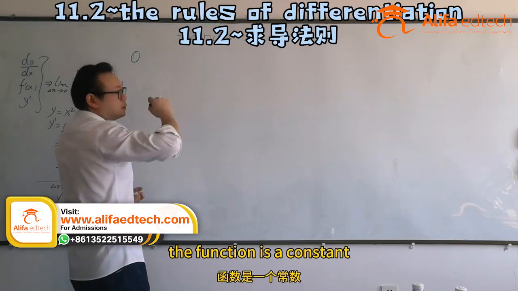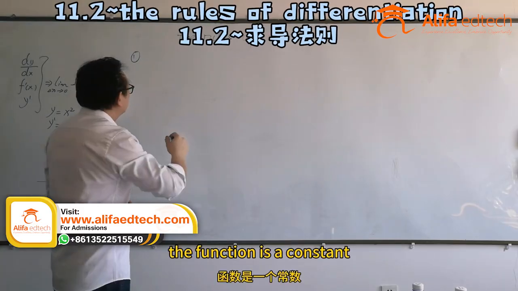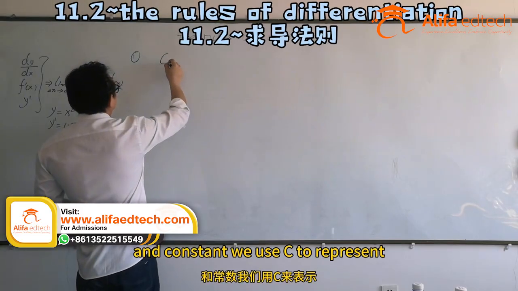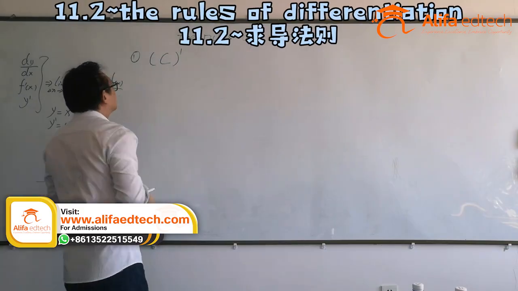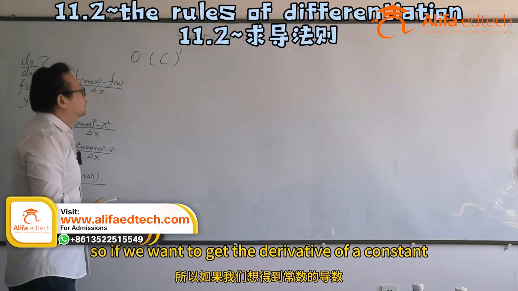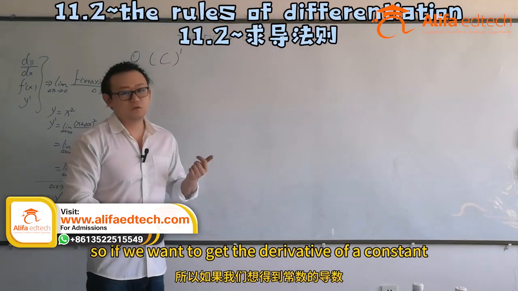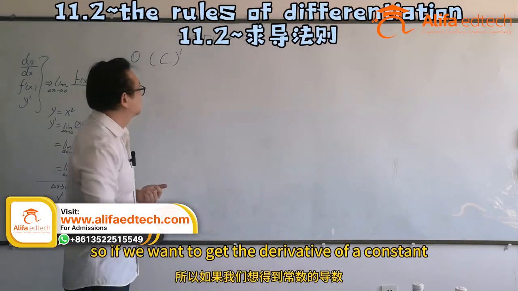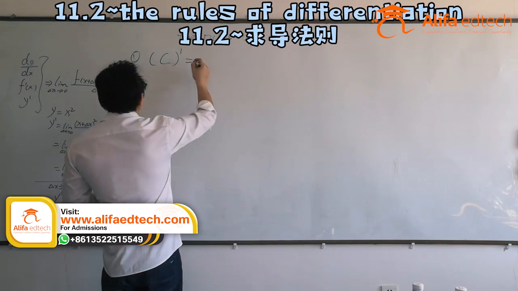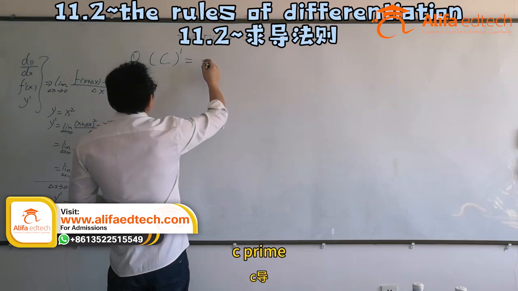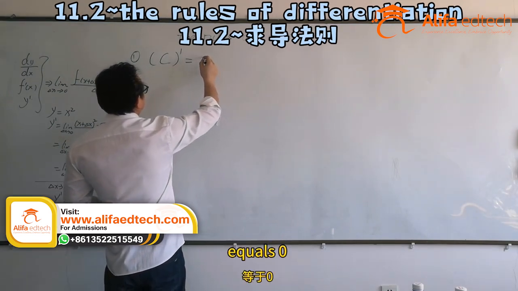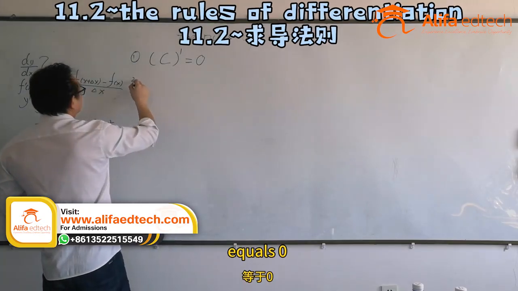1. If the function is a constant, and we use c to represent the constant, then if we want the derivative of a constant, c prime equals 0. 2.